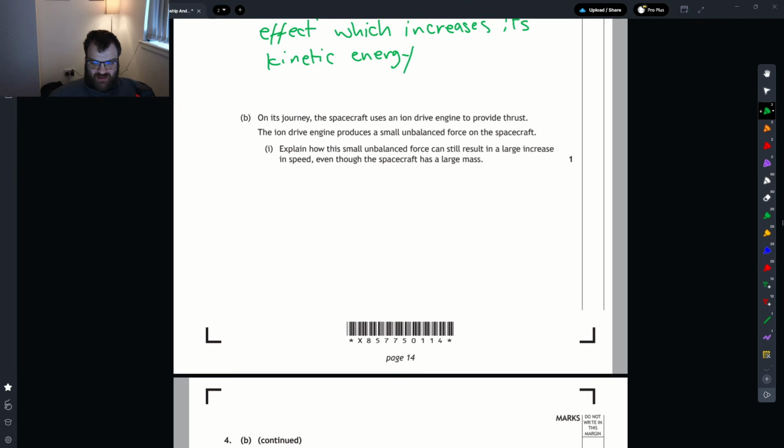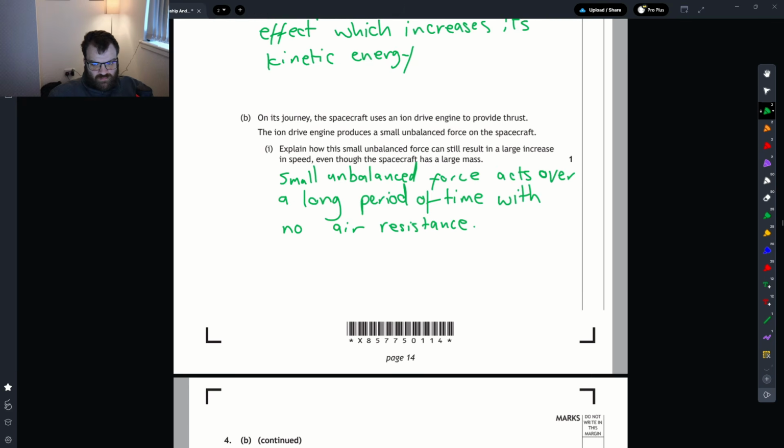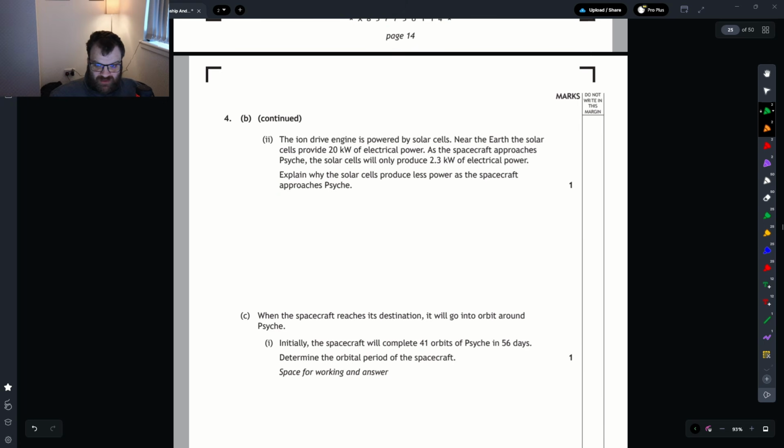Why can a small unbalanced force result in a large increase in speed? I'm thinking this must be something to do with the lack of air friction in space, which would mean a small unbalanced force acts over a long period of time. We are asked about solar cells producing less power as it approaches Saturn.